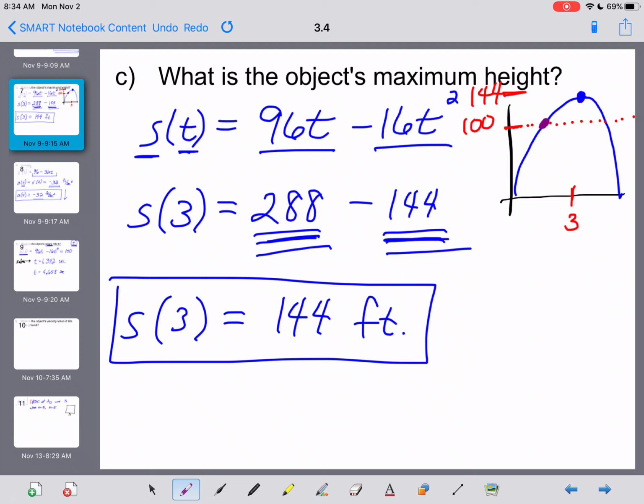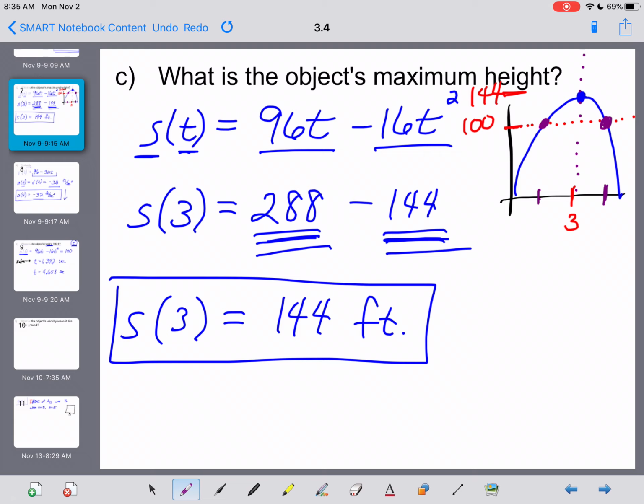One of them comes before the apex is reached at 3 seconds, so it has a time value less than 3. But it also hits a height of 100 on its way back down at a t value greater than 3. So it makes sense that we came up with two answers, one less than 3 and one more than 3.